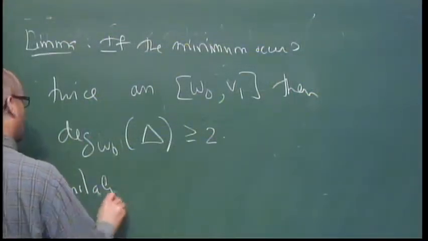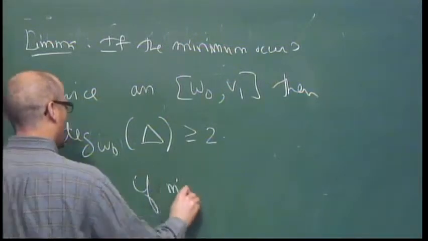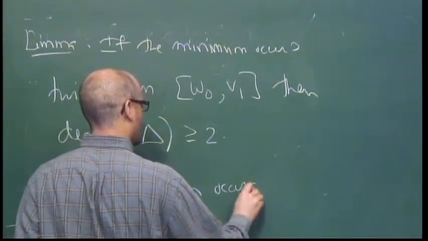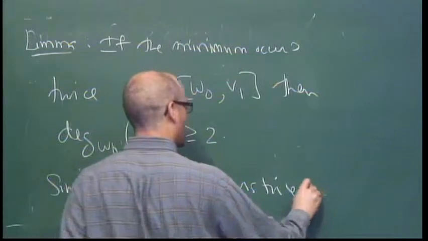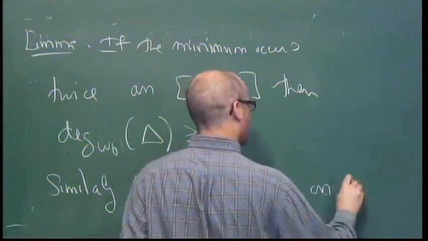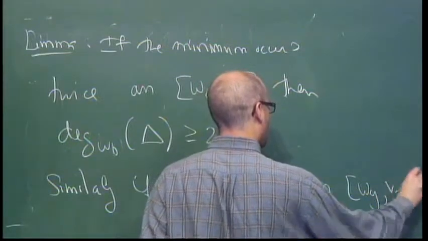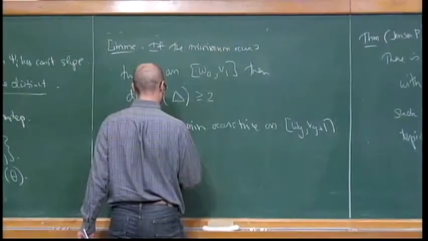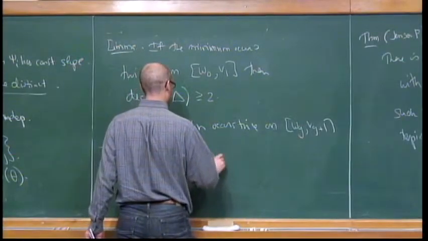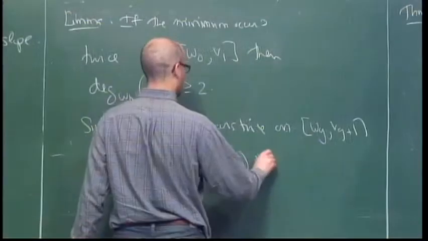So similarly, if the minimum occurs twice on the last bridge, from WG to VG plus 1, then the degree at VG plus 1 of delta is at least 2.